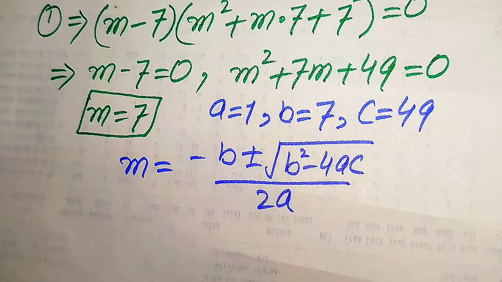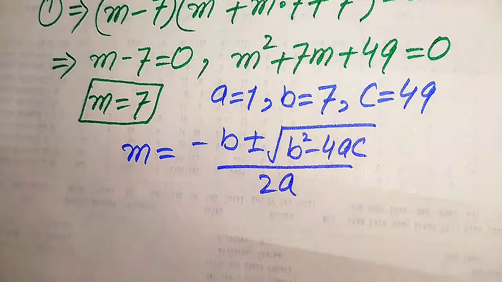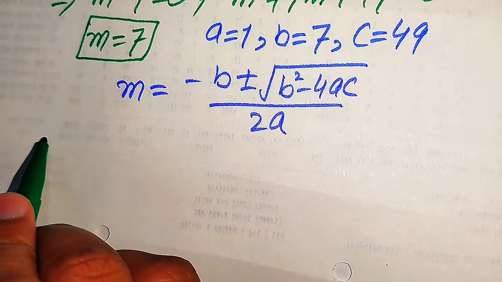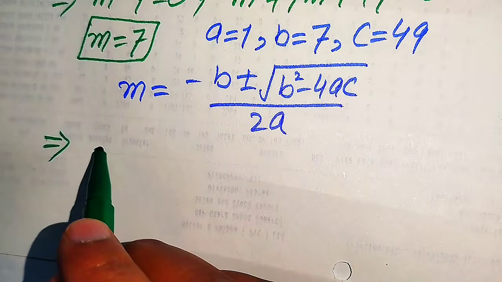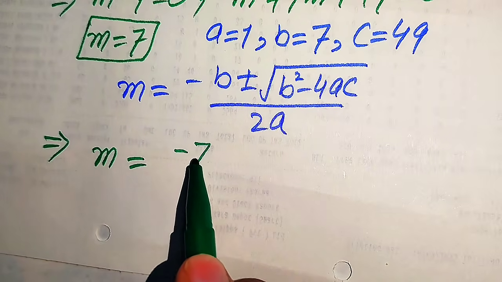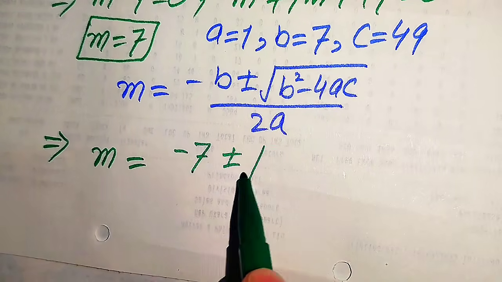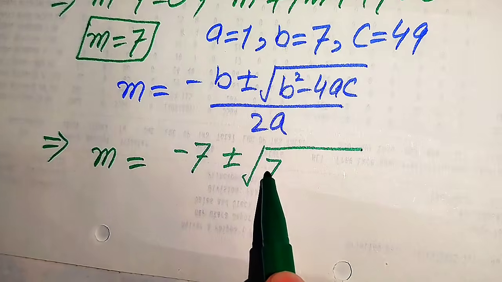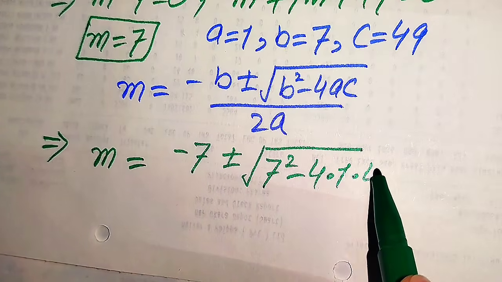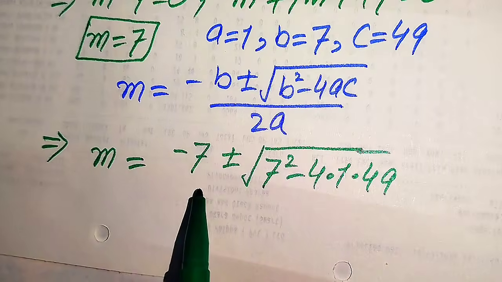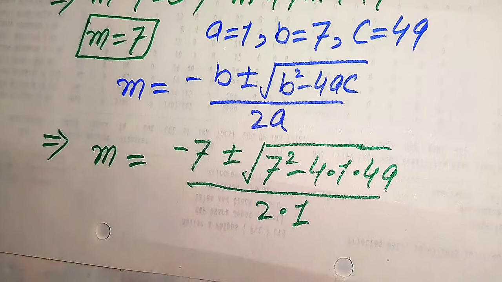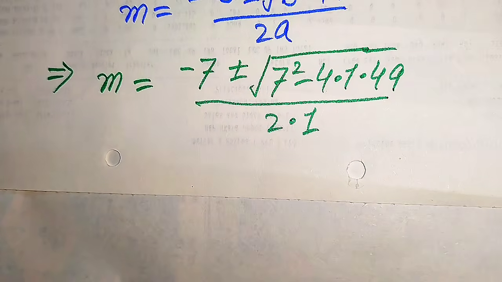This is our quadratic formula, and here we substitute the values of a, b and c. After substituting, it will be written as m equals minus b, the value of b is 7, so minus 7, plus or minus square root of b square, which is 7 square, minus 4 times a, which is 1, and c, which is 49, divided by 2 times a, and here our a is equal to 1.